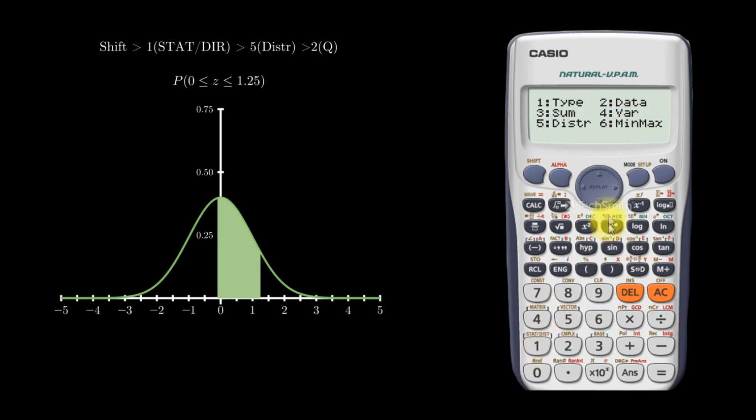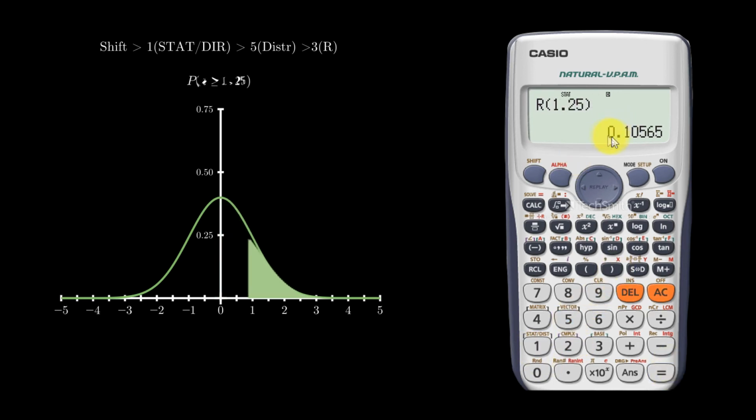Moving on, let's try the function R, which I think is intuitively written to represent a right tail, which in this case R0 represents 0.5 of the total area, where z is just greater than or equal to 0. And let's try R1.25. Now this one represents the tail starting from 1.25 to positive infinity, or just z is greater than or equal to 1.25.